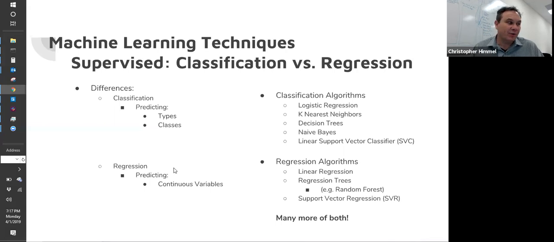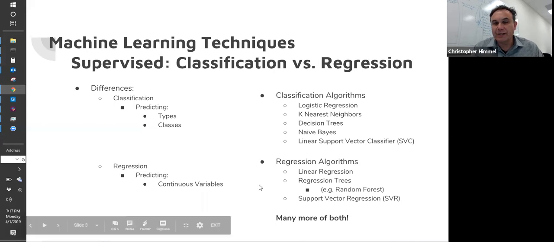Regression is when your output is a continuous variable. It's not a class. We're trying to predict a number, like a dollar amount, like a temperature, like a distance. Those would be continuous variables, and when we predict that, we use a regression algorithm for that kind of problem. So there are different types of regression algorithms.